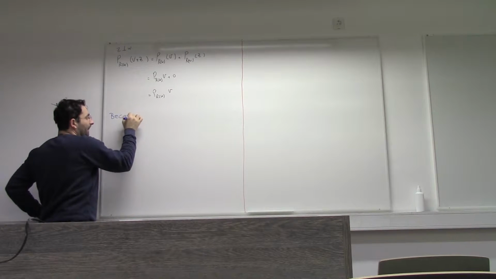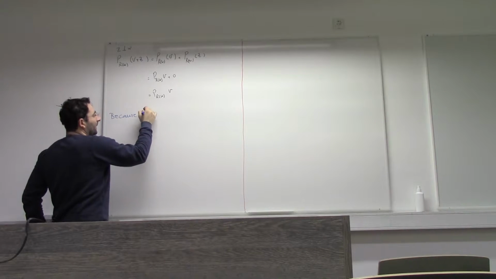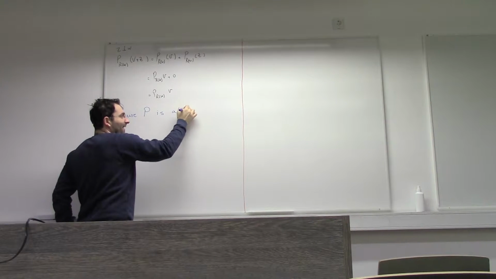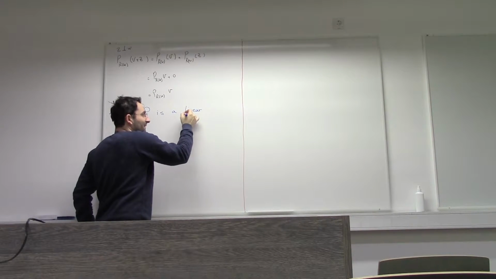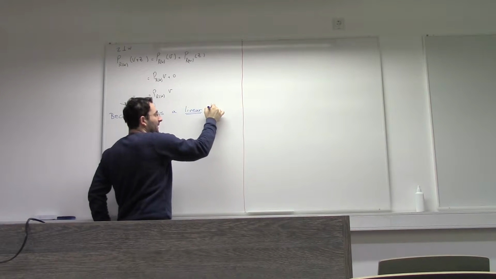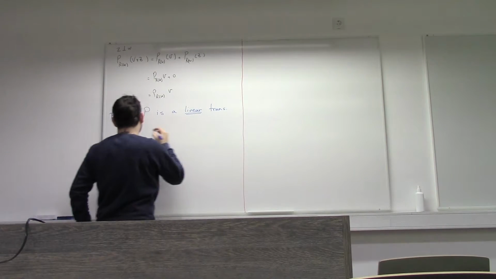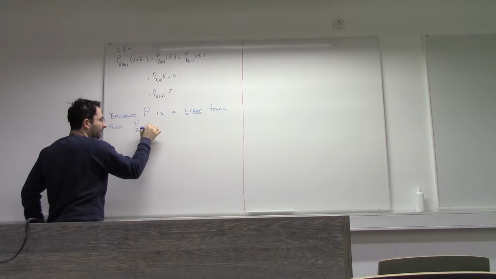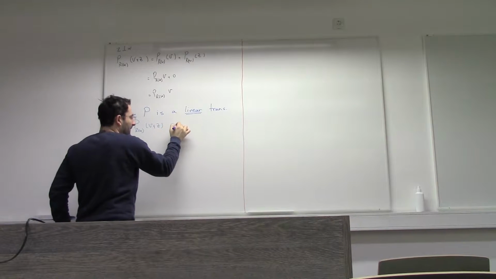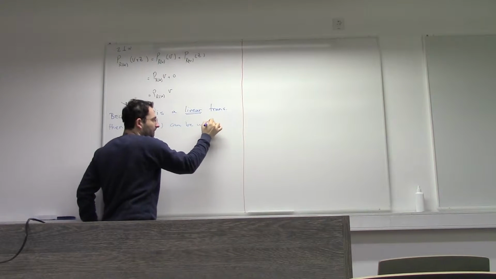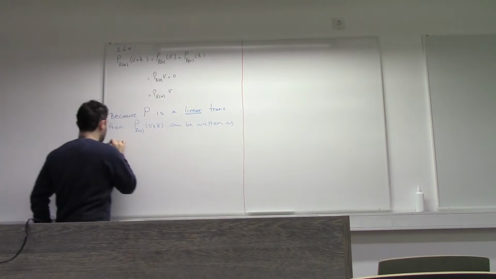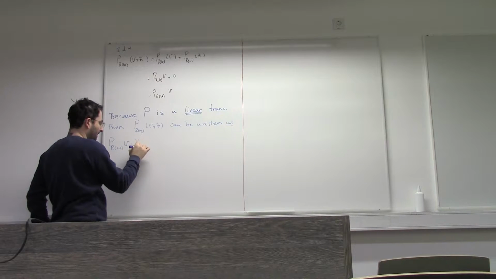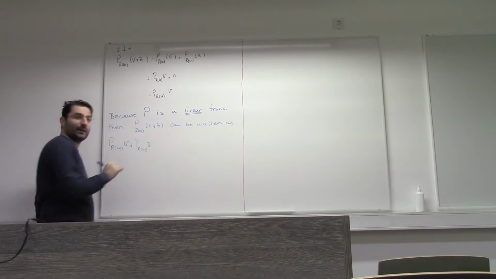Because the projection P is a linear transformation, this is a very, very key word, linear transformation, then P can be written as this.